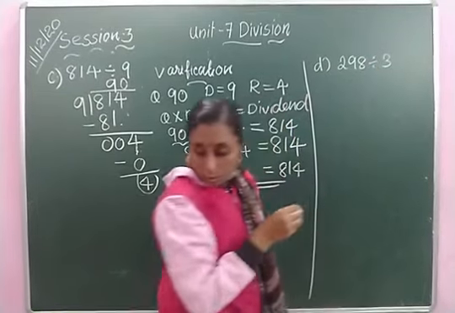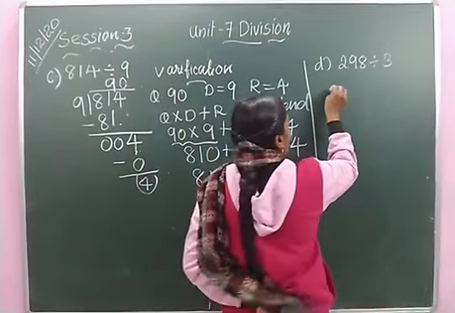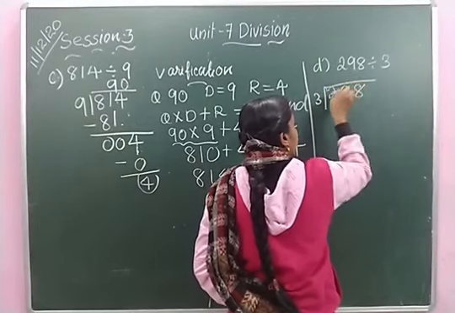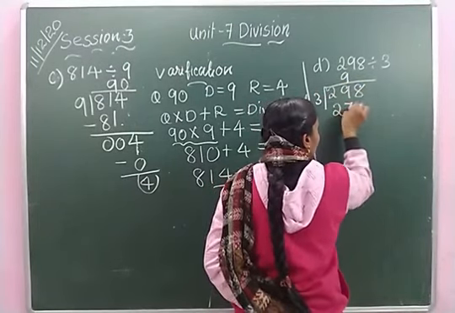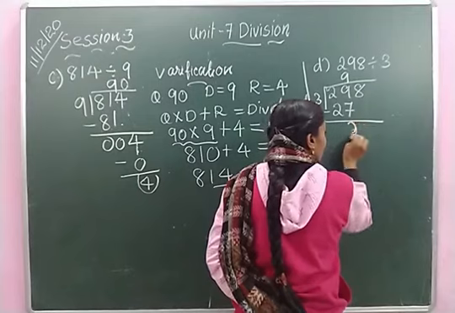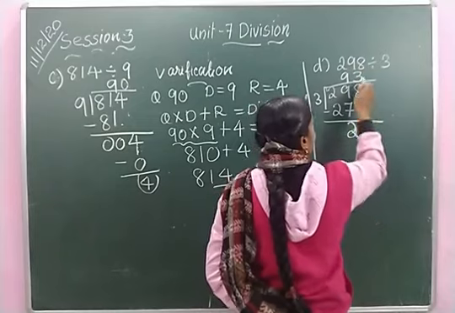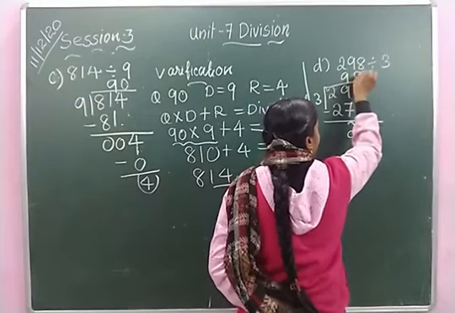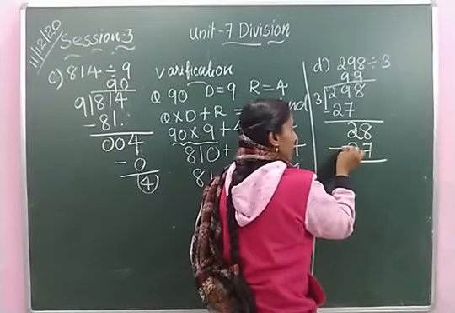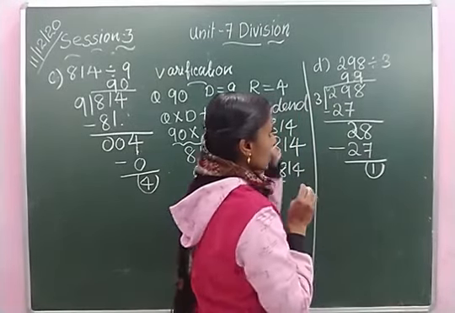First we have to do the division by 3. 3 nines are 27. 29 minus 27, 2. 8 comes down, so 28 is there. 9 3s are 27. Do the subtraction. 28 minus 27, 1. Now the division is over.